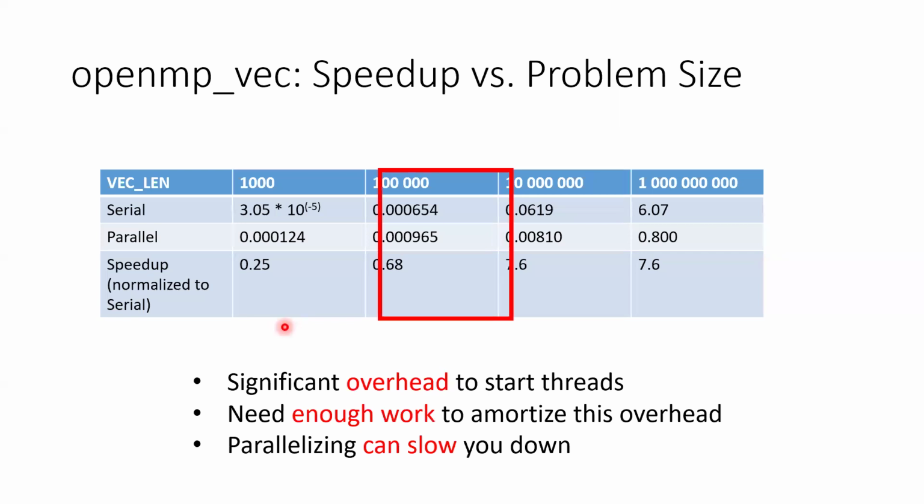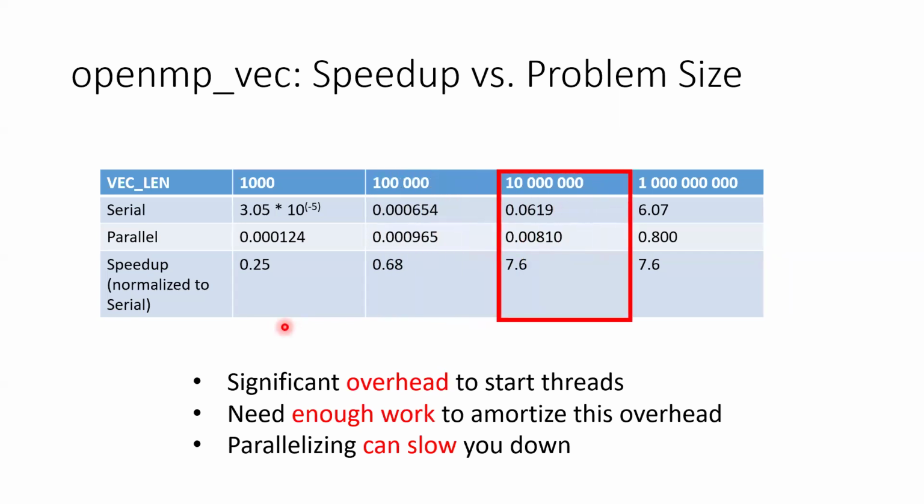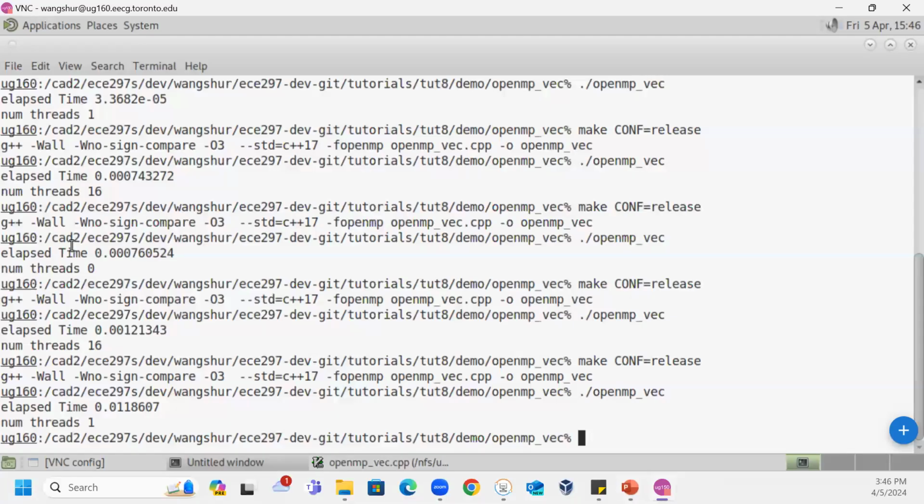But if we get more, the speed up will eventually converge to something like 7.6 to around 8. And why is that around 8? Remember we had 16 threads.